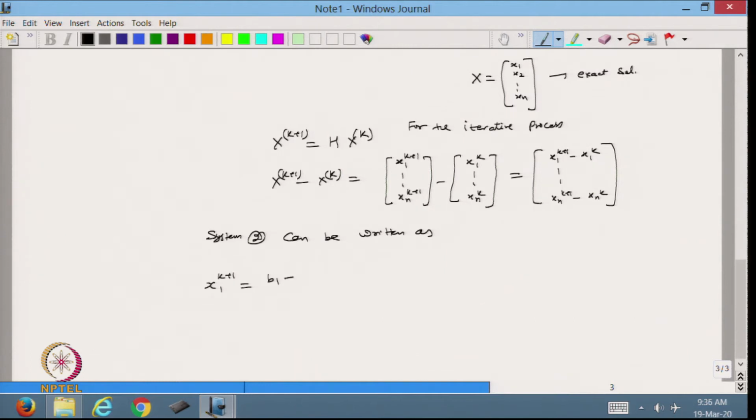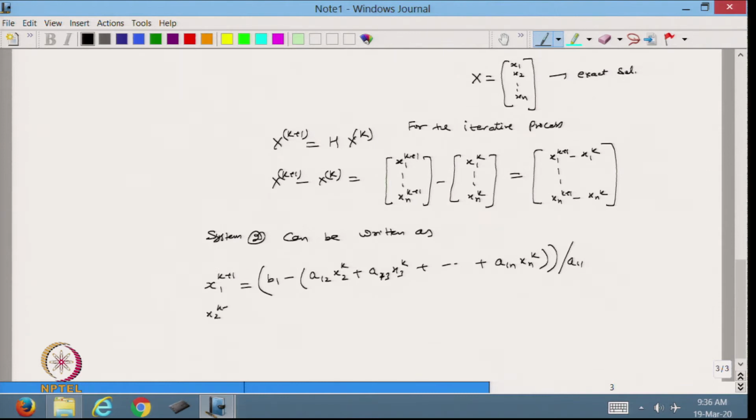So there is no change in b1. Now, I take b1 minus a12 x2 k plus a13 x3 k, and the last I get a1n xn k, and then I divide it by a11. So that is my first equation.